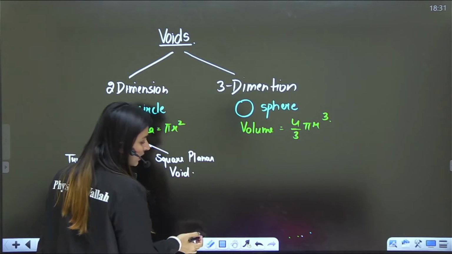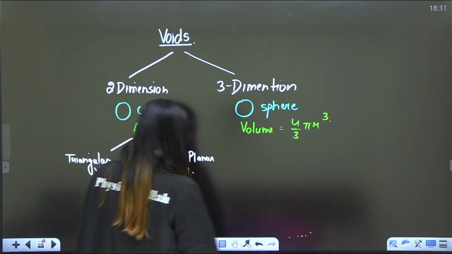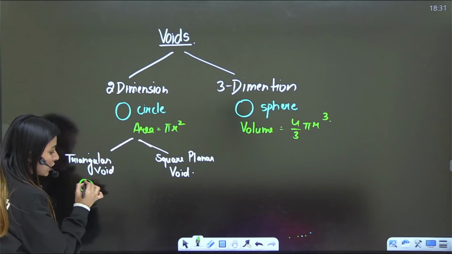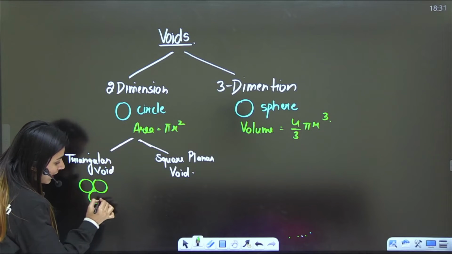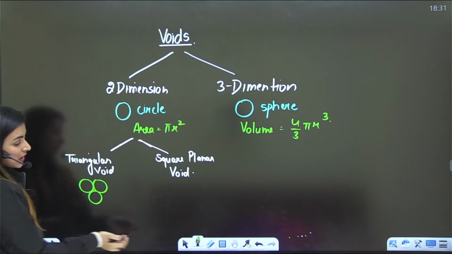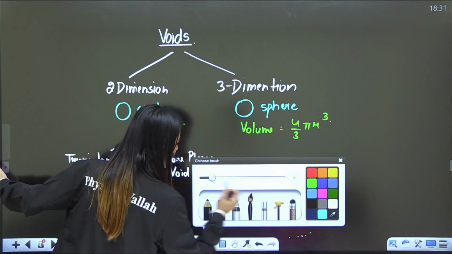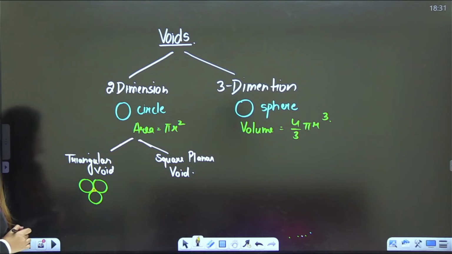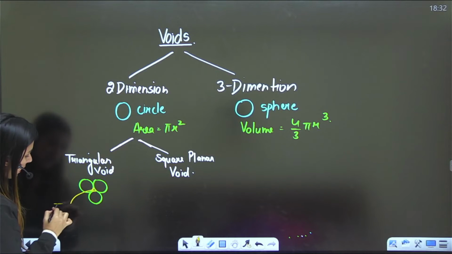Now let's try to understand this. What is a triangular void? When you have three circles present and you have a void in between, this void has, if you see very closely, a triangle in between. So this is a triangular void.